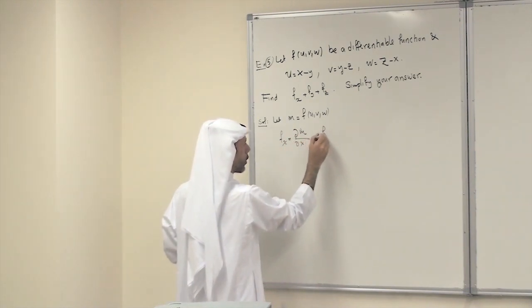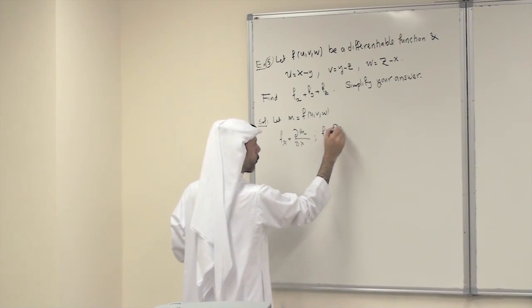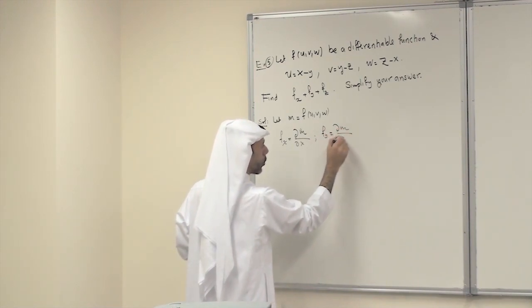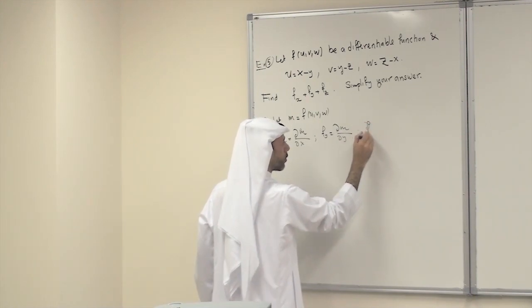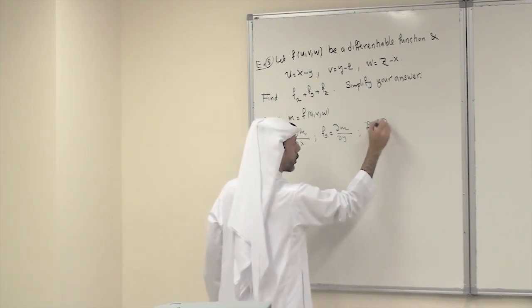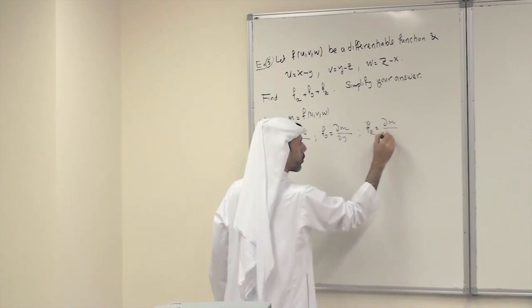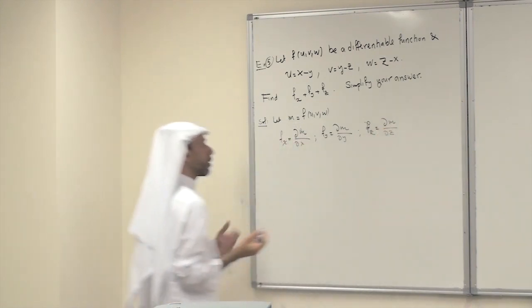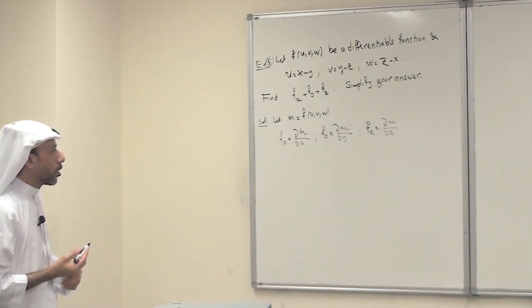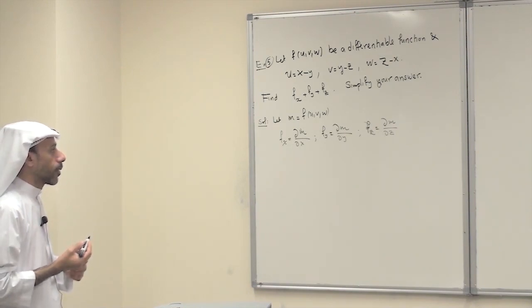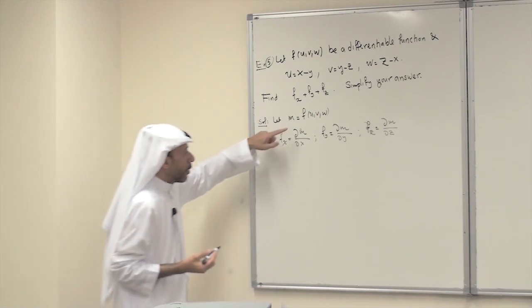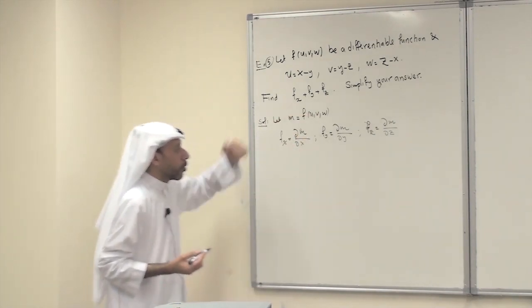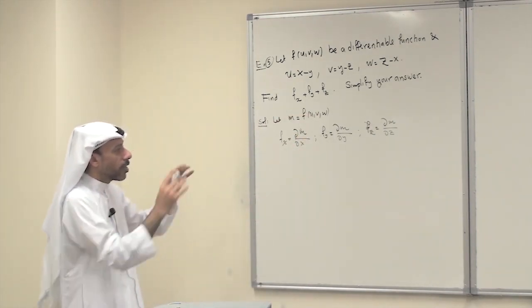And f sub y is just partial derivative of m with respect to y, and f sub z is just partial derivative of m with respect to z. This is the meaning of the given expression. So we need to find partial m, partial x, partial y, partial z through the chain rule.